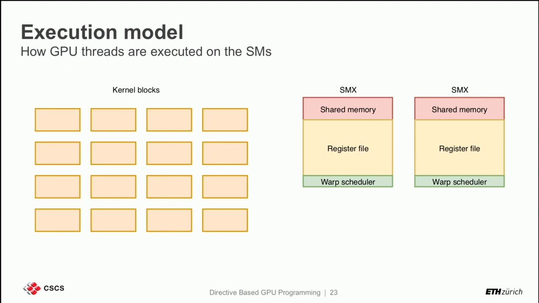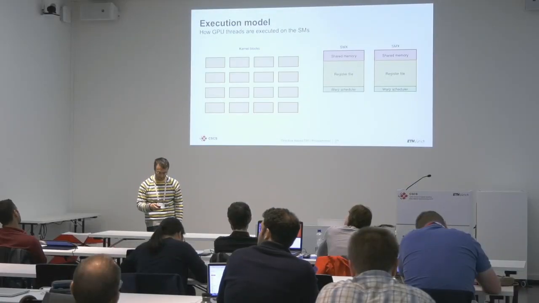Say 10. Then if my block has 128 threads, I will need 1280 registers to accommodate all the threads of my block. Then my block also needs 1 kilobyte of shared memory, because there I have allocated a temporary array. And these are the requirements of the kernel.